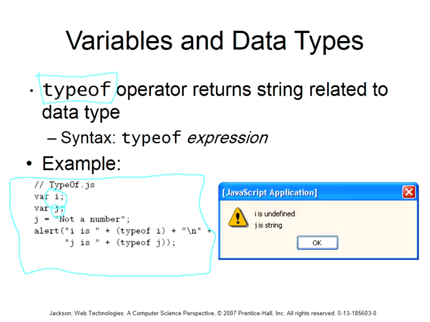So when I write a variable i, the type of i is what? Not string. Undefined. Yes. Why is it undefined?